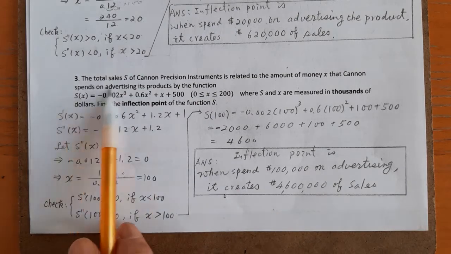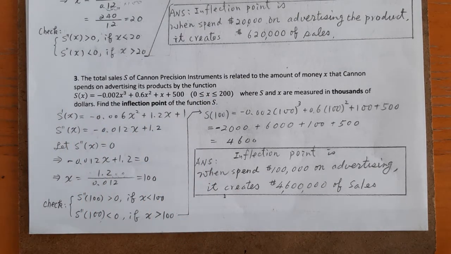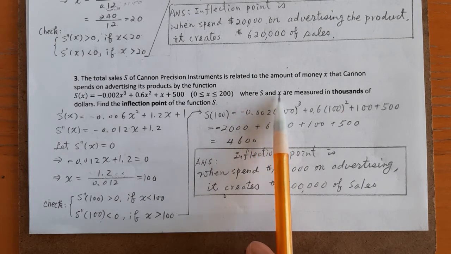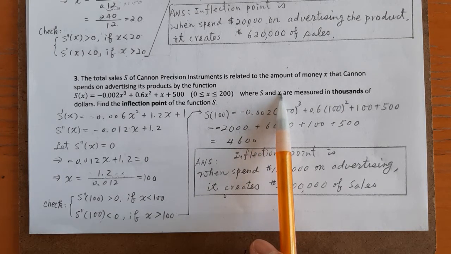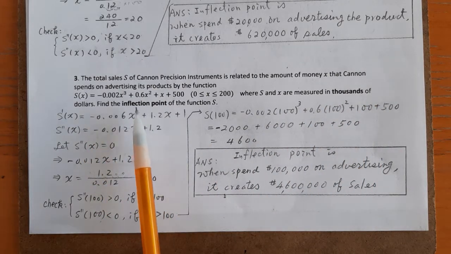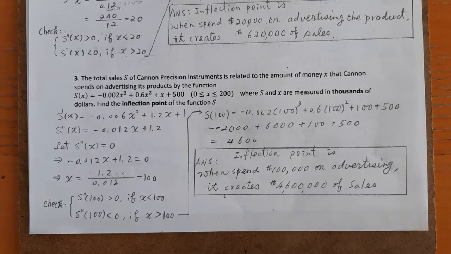So S is the function, and this time the degree is 3, a cubic polynomial function. S is sales, and x is the advertising fee, measured in thousands of dollars. Also find the inflection point of the function S. So how to find the inflection point? Take the first derivative, then take the second derivative.